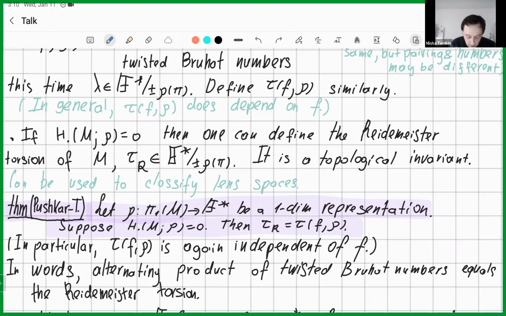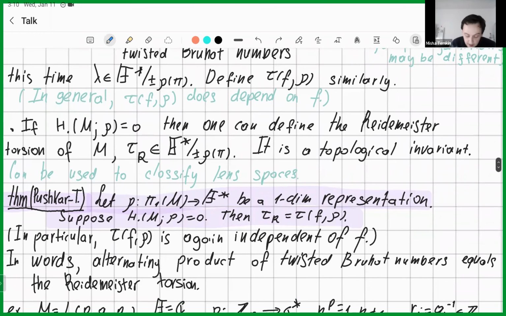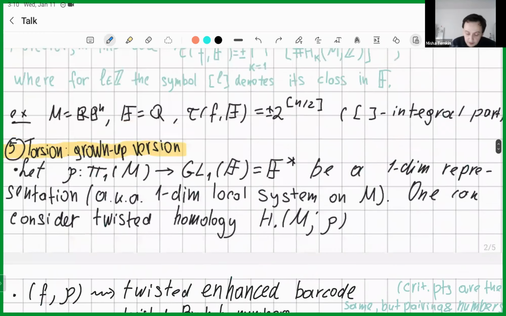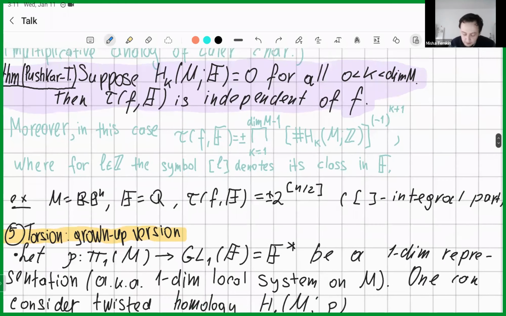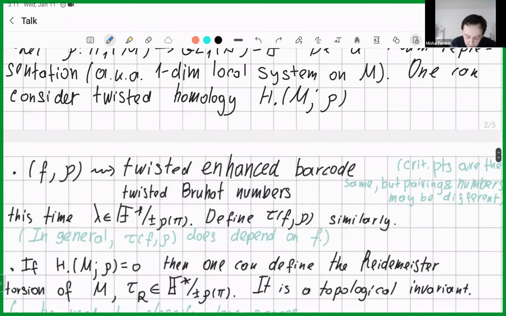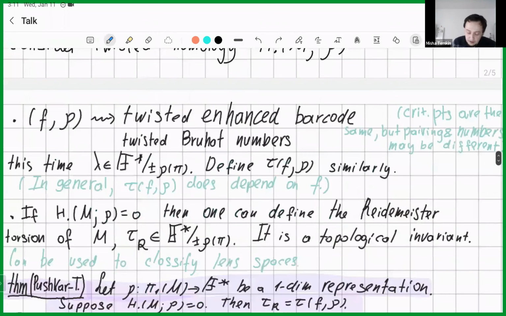The reason we call it the grown-up version is that here this number, which is independent of the function, is not that interesting because it can be expressed in terms of homology of M. This formula tells you that it's not something very deep, but the Reidemeister torsion is a classical invariant, which is a useful one.